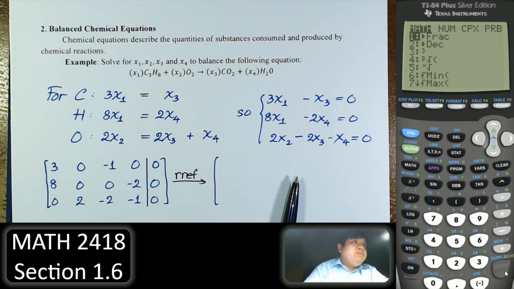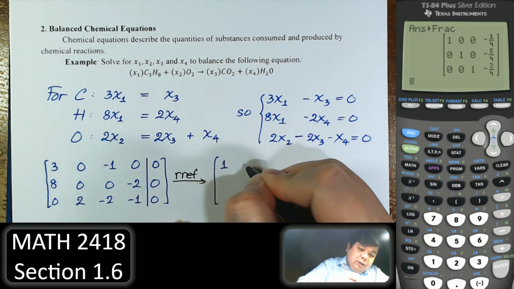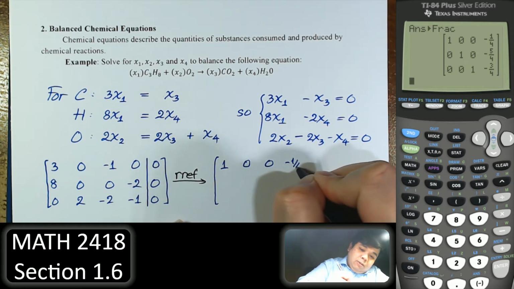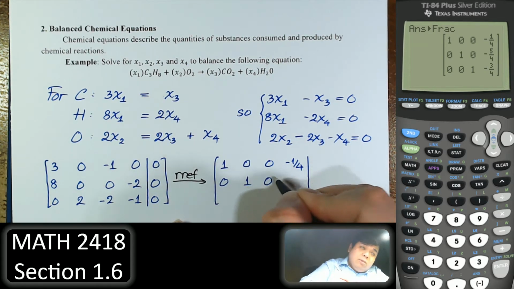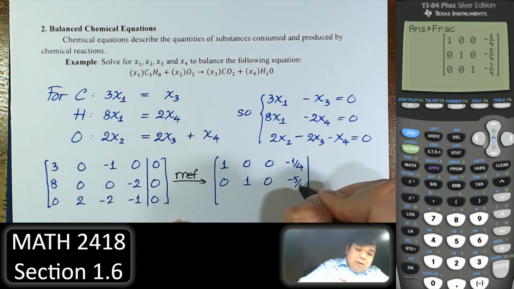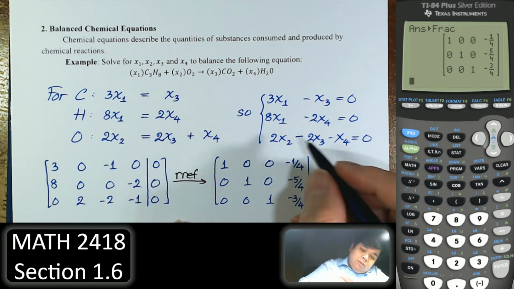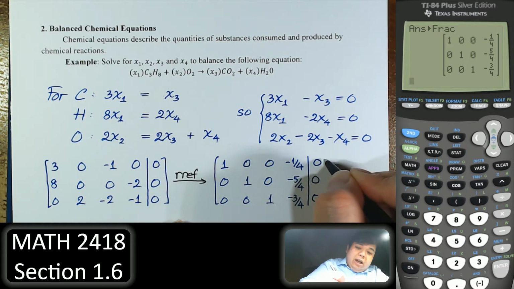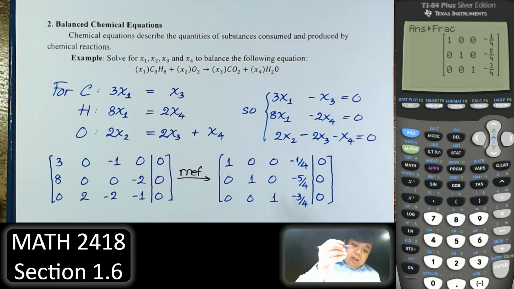Change it to fraction. I said the last column has to be 0, because it doesn't matter what we do in the row operation, it's still just 0.